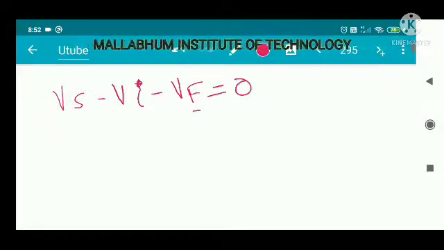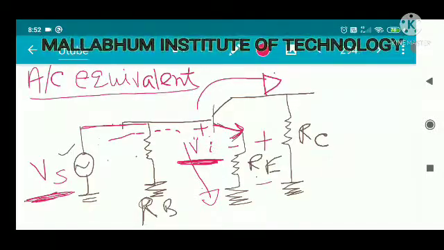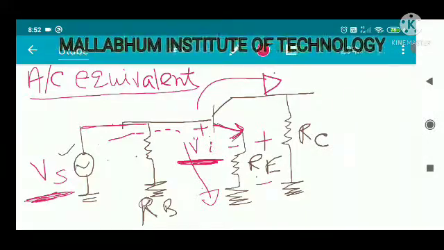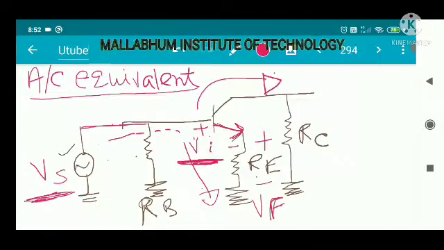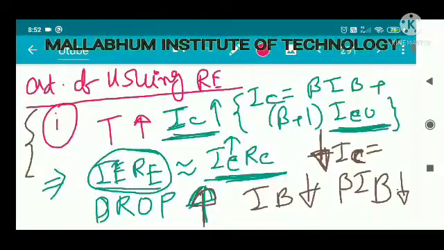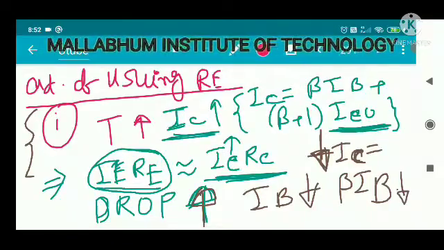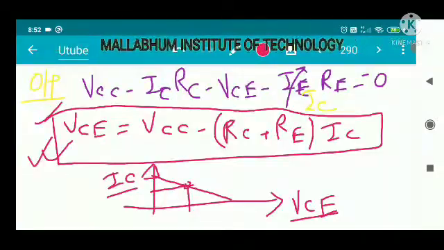Vf is nothing but IE into RE, that is your voltage drop across this RE. We have considered this as Vf, the feedback voltage, because it is a negative feedback voltage. Whatever we have discussed here, this IE into RE is nothing but your negative feedback voltage.